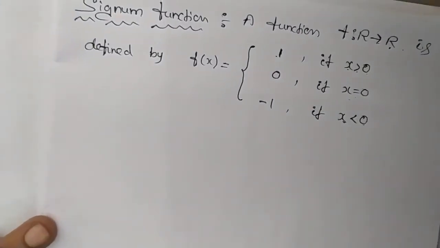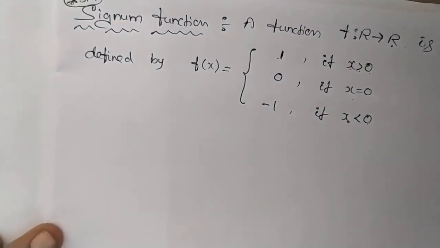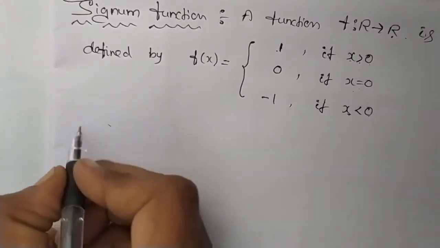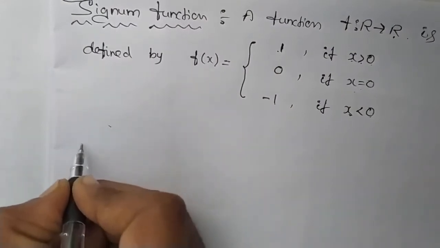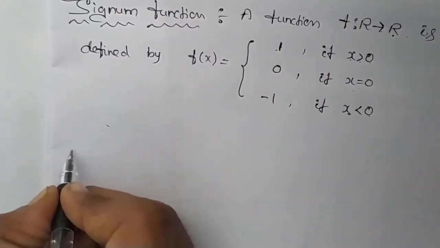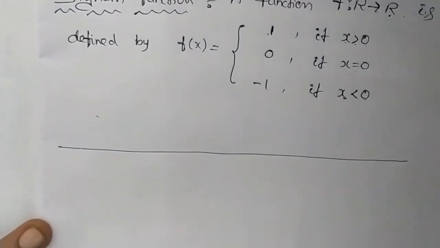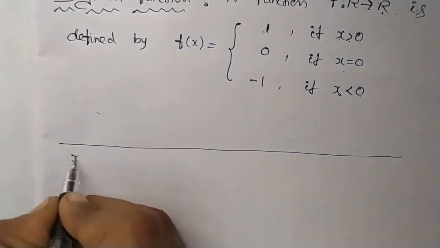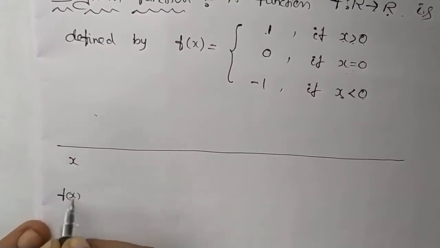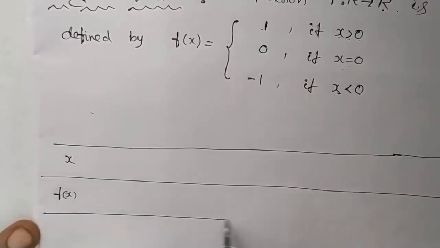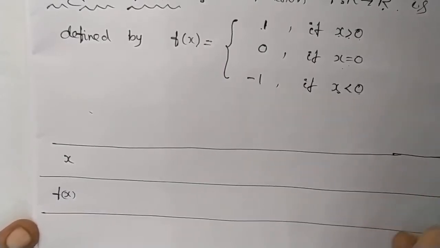Let us draw the graph for this function. Before that, let us draw a table. By using the table, we are going to draw a graph. It is x and it is f of x. F of x is nothing but y. If you want, you can take y equals f of x.